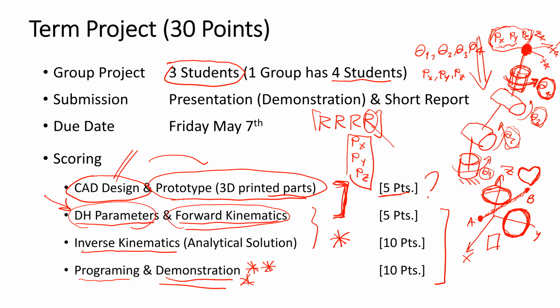But if you build the robot in this way, maybe you only need to solve for theta 1, theta 2, theta 3, because you know that theta 4 doesn't have any meaning for the position.